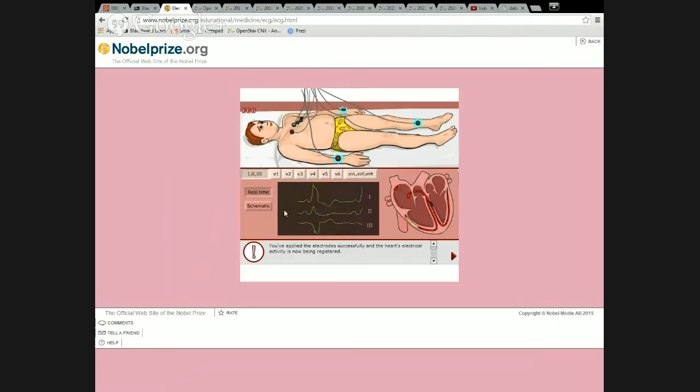Now, what's going on over here is probably going by too fast to really make sense of. But here we have the 1, 2, and 3 standard leads. We can switch to 1, 2, and 3 augmented leads, and we can switch between the 6 different precordial leads, or the chest electrode-based leads. Now, they all look very different.